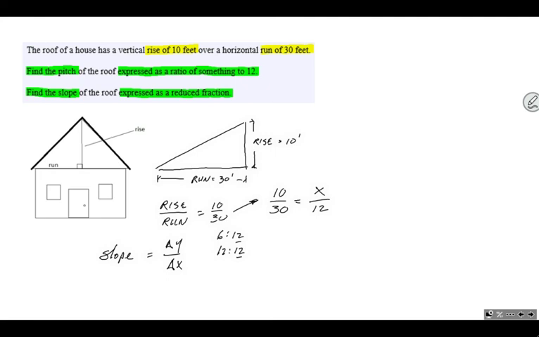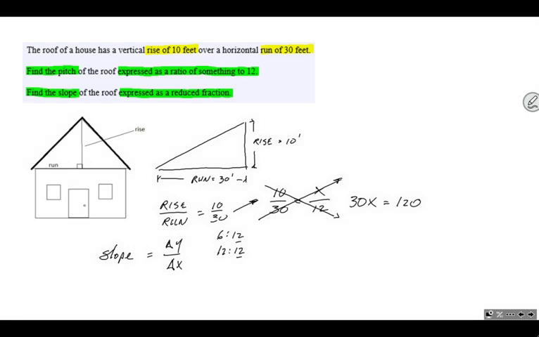So the relationship between 10 and 30 is equal to the relationship between some unknown value, x, and 12. When we solve proportion problems like this, we diagonally multiply. We multiply 30 by x, and that equals 30x. And we can say that that value is equal to the product of the other diagonal, 10 times 12. So 30x is equal to 120.